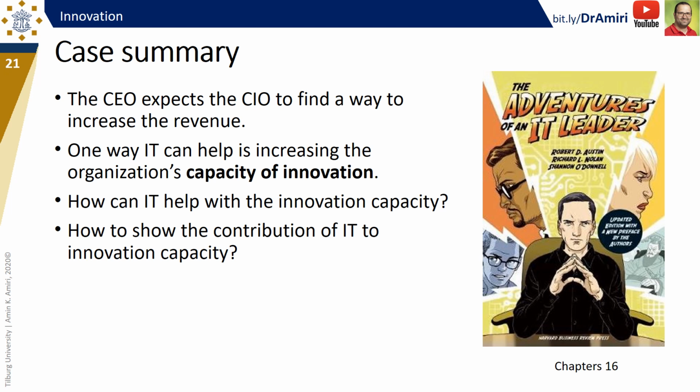One way that IT can help is increasing the organization's innovation capacity so that new services and new products are delivered by the organization to increase the number of customers or increase the revenue paid per customer.